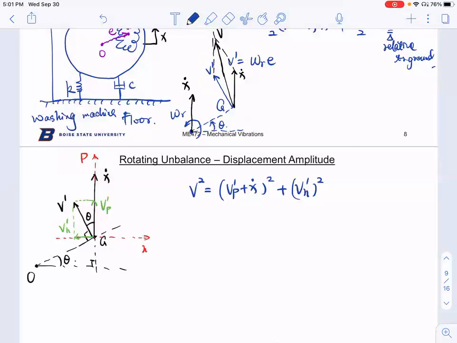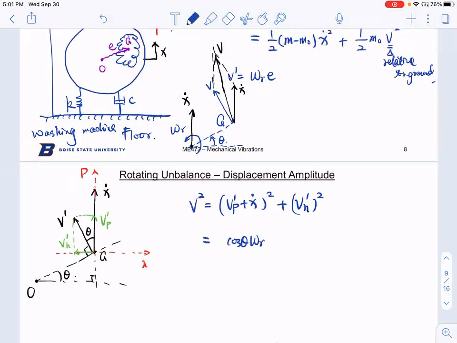Make sense? That's just how you do a vector summation. You can write these out. You already know your Vp prime is going to be cosine theta times v prime, which is omega r e, and then your x dot is x dot, and your Vh prime is sine theta omega r e.